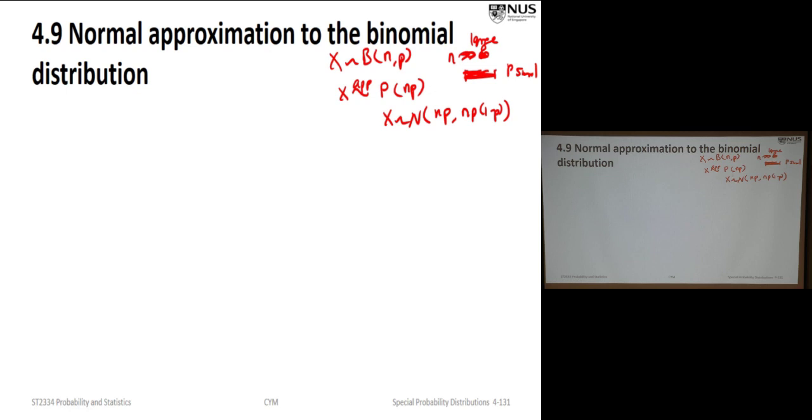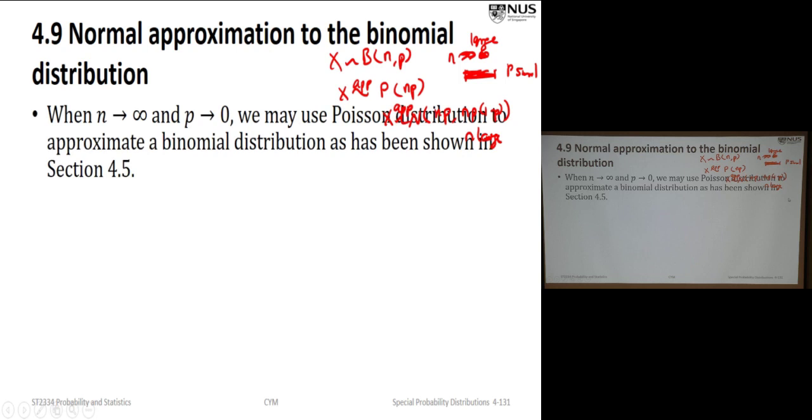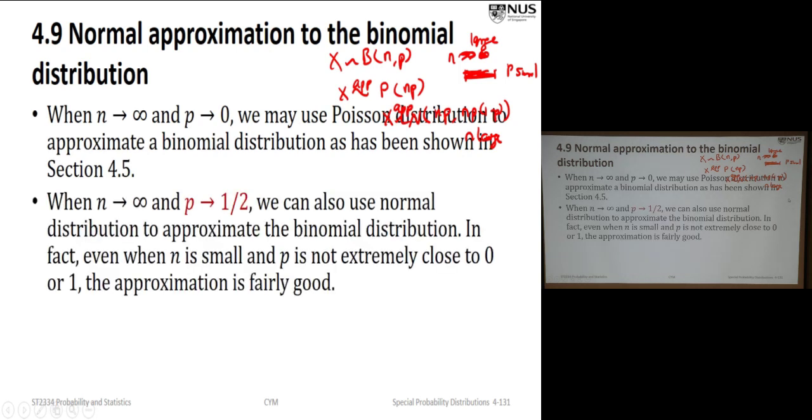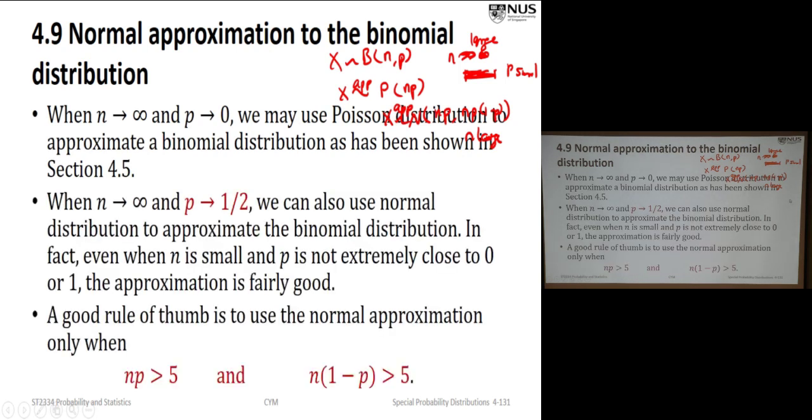Again, n must be large. Usually, as a rule of thumb, np bigger than 5, or n times (1 minus p) bigger than 5.